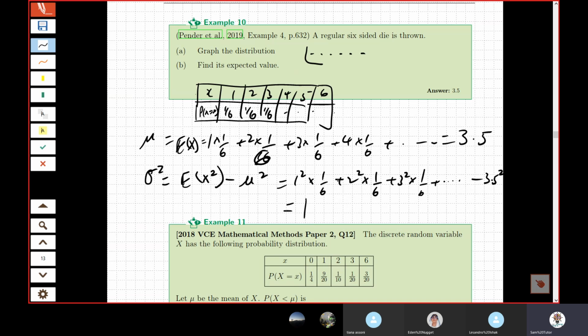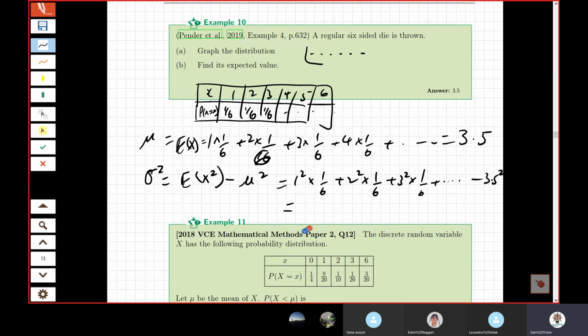Let's check. Unless I've lost it in my head what variance means. 5 squared in this context, 1 on 6 plus 4 squared times 1 on 6 plus 3 squared times 1 on 6, 2 squared times 1 on 6 plus 1 squared, which is just 1 on 6, minus 3.5 squared. No, there it is, fair enough.